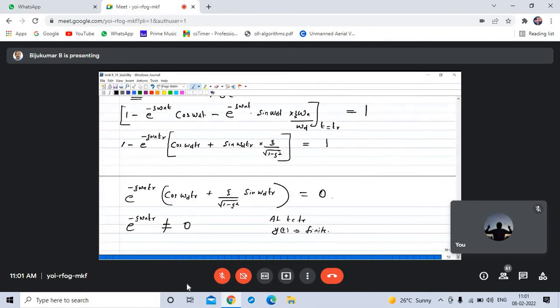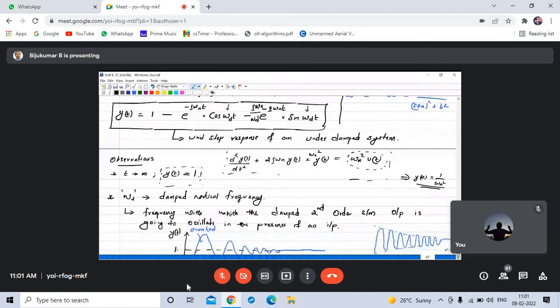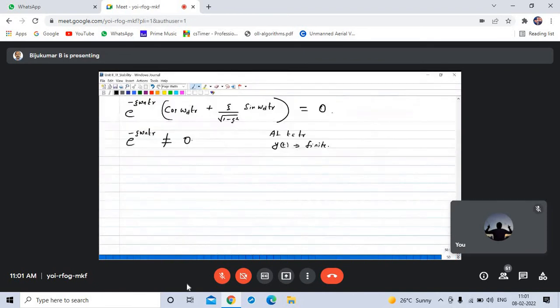Because for a finite value of time tr, this part is not 0. So we can write, the only other part will go to 0. So we can equate like this: cos omega d tr plus zeta divided by root of 1 minus zeta square sine omega d tr is equal to 0.